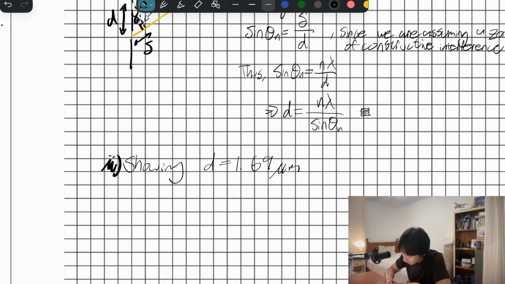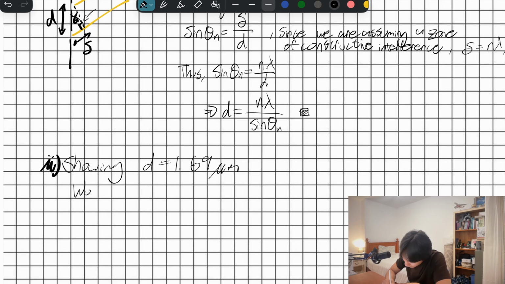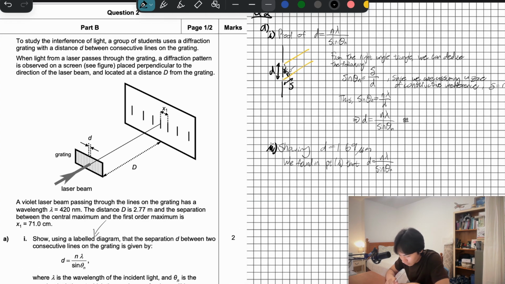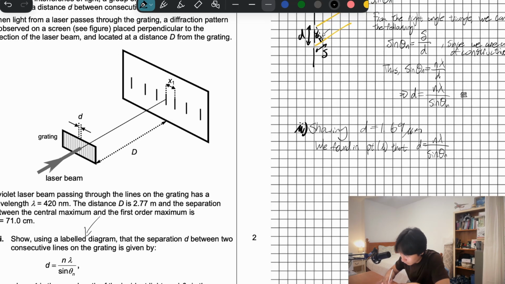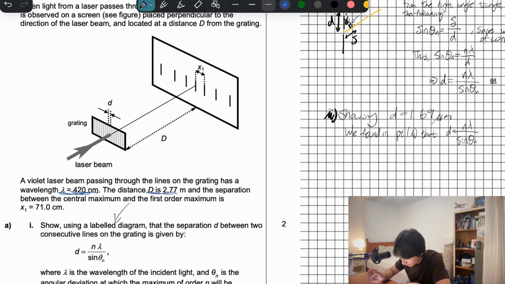So we found the formula for d. We can say we found in part 1 that d is equal to nλ over sine θn. So we know the wavelength here. We know the distance D, and we know the separation between the central maximum and the first order maximum is 71 centimeters.